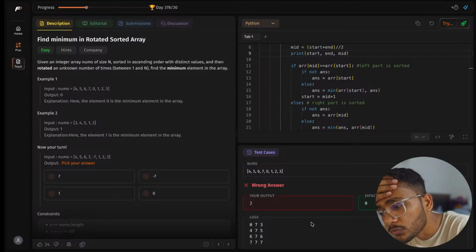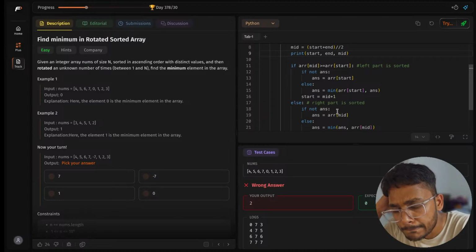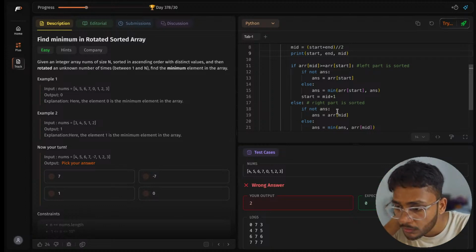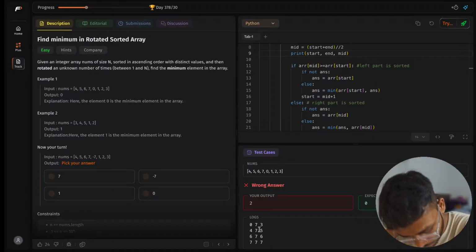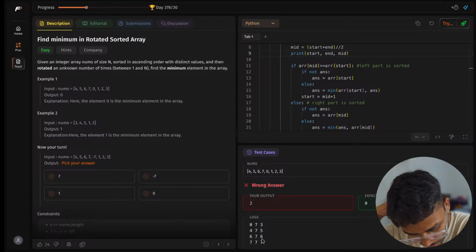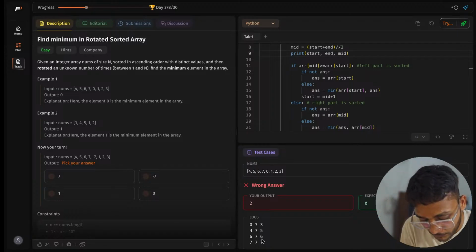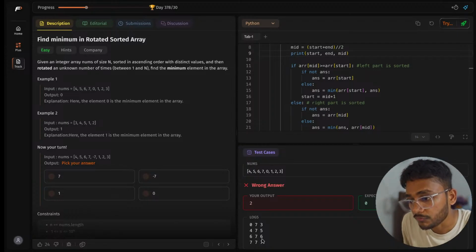Okay, something I'm doing stupid here. We got 4, 7, 5. Now after 4, 7, 5, 6, 7, 6. Why did it go to 6, 7 and 6? That means it's moving to the right part. That's okay. But when 4, 7, 5.